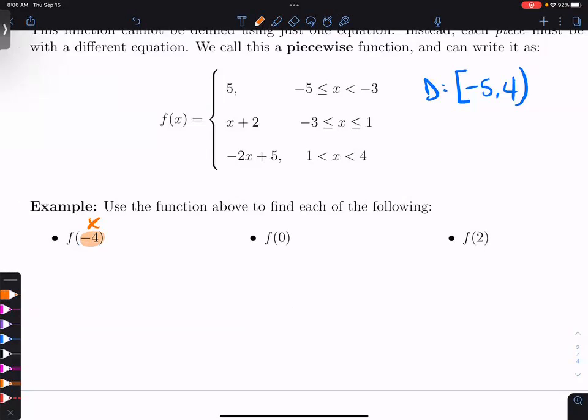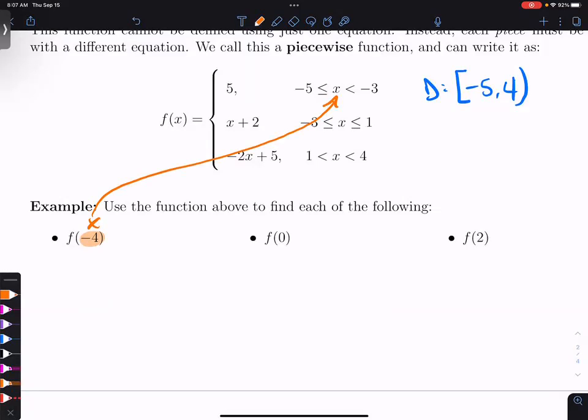First one, why? That's the one and only place that -4 would fit, right? That would make that inequality true, right? If I try putting -4 in here, -4 is between -5 and -3. It's not between -3 and 1. It's not between 1 and 4. These two things would not be true, so I don't use them, right?